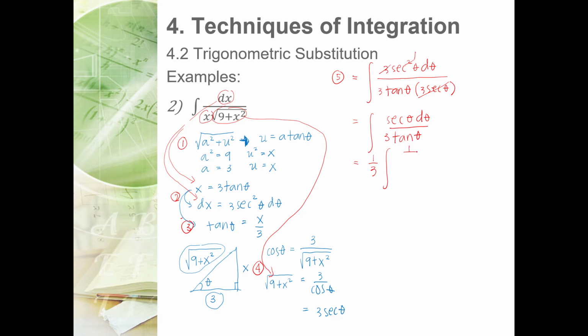Secant theta is 1 over cosine, divided by tangent theta, which is sine theta all over cosine theta. So cancel the denominator since they are the same. What's left is just 1/3 integral of 1 over sine theta, which is 1/3 integral of cosecant theta d theta.